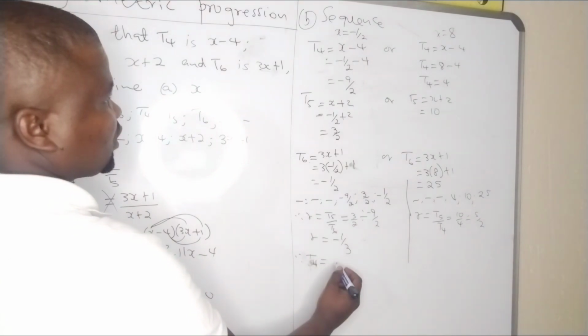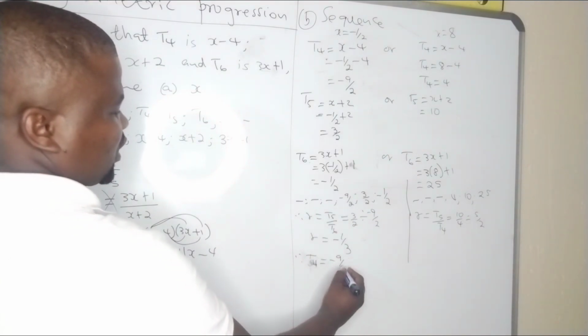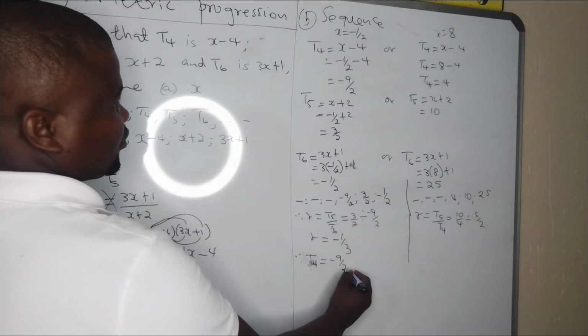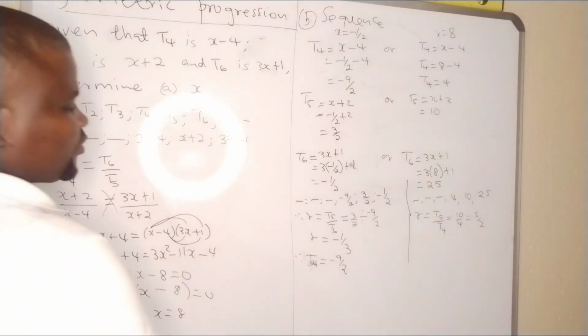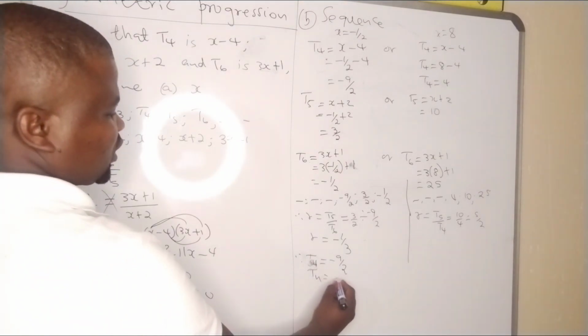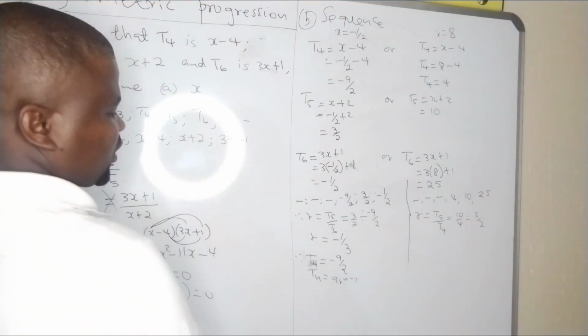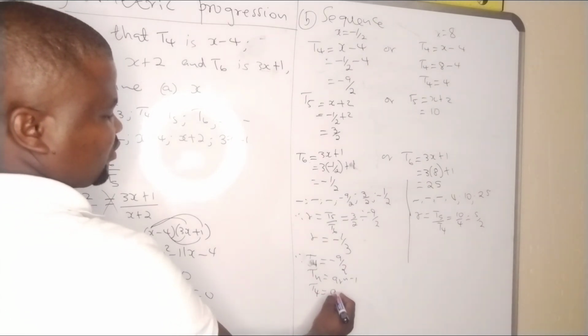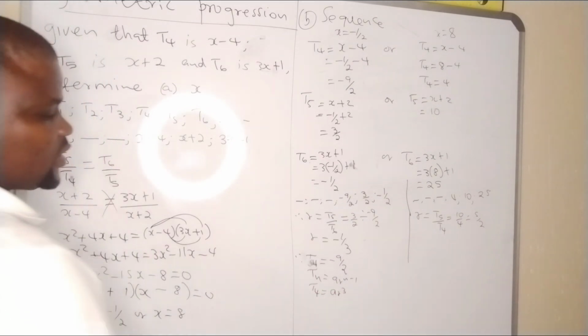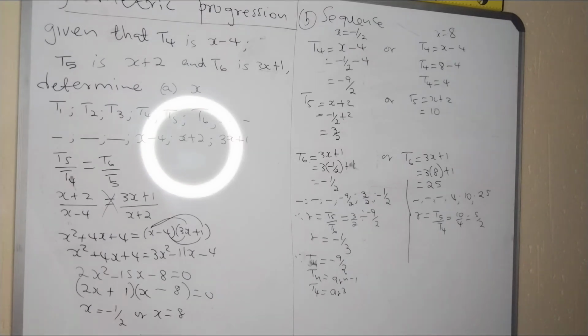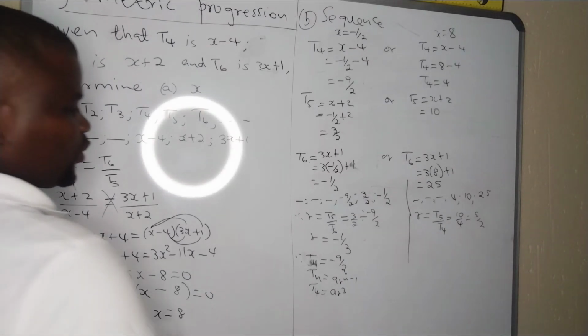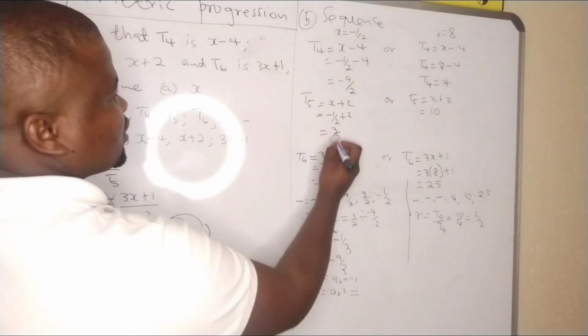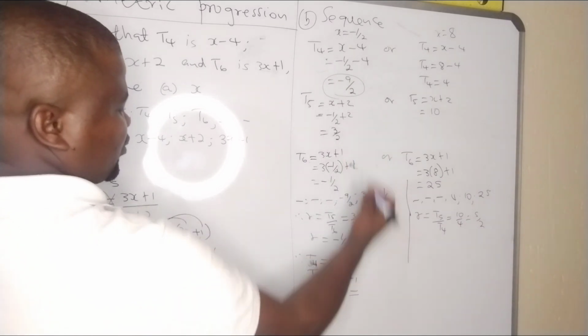So for now, I'm told that T4 is negative 9 over 2. But don't forget that according to the general term A r to the power n minus 1, my T4 must be given by A r to the power 3, which must be equated to term number 4.